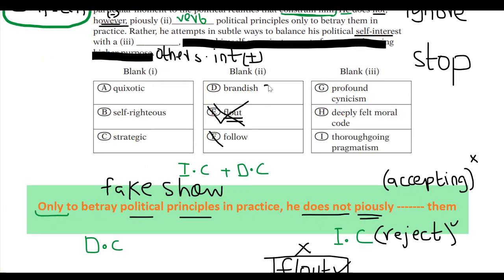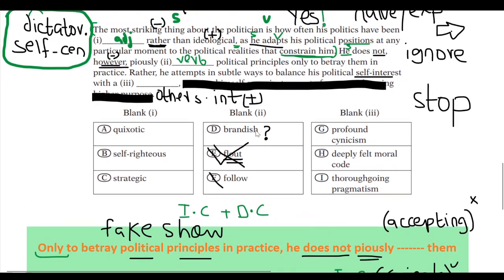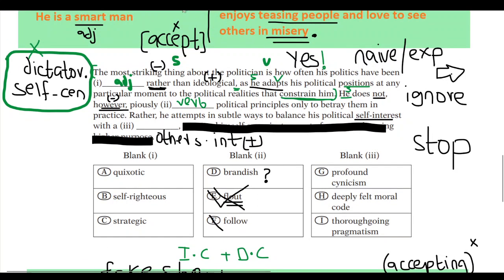Now the question is, how on earth will brandish seem to work? So if I come back here to the passage, and a lot of stuff that I ignored, I have to say, okay, rather, so he is not doing something, rather what he is doing, let's see.